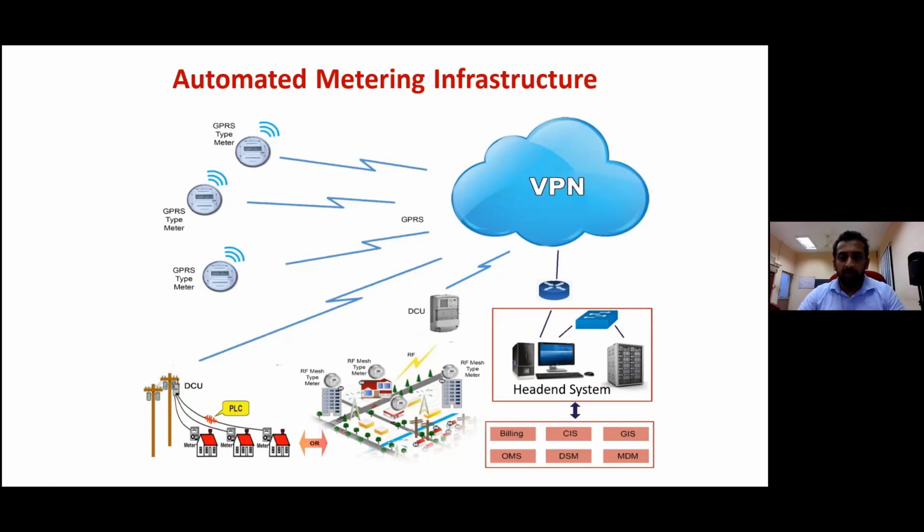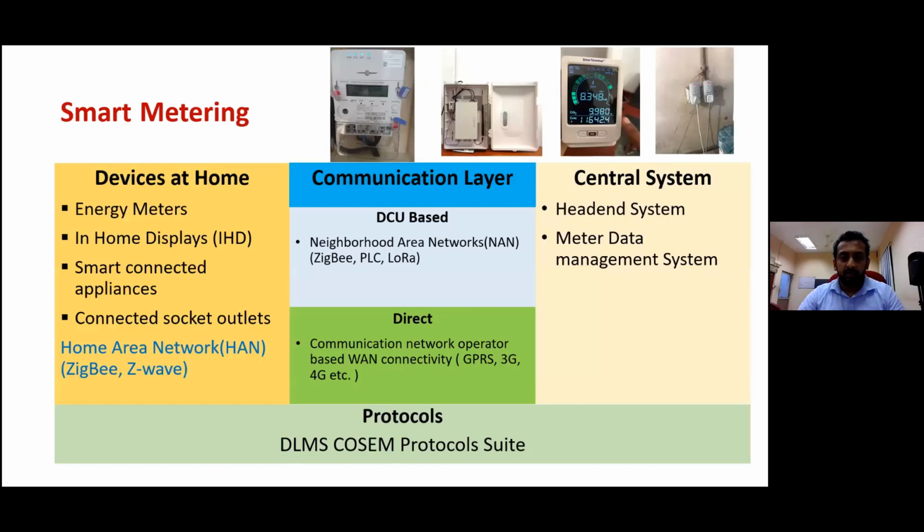So let me put all these things into pictorial form to explain it a little bit. At the household, we are going to have energy meters, and in very smart systems, we are going to have in-home displays, which I have shown here.